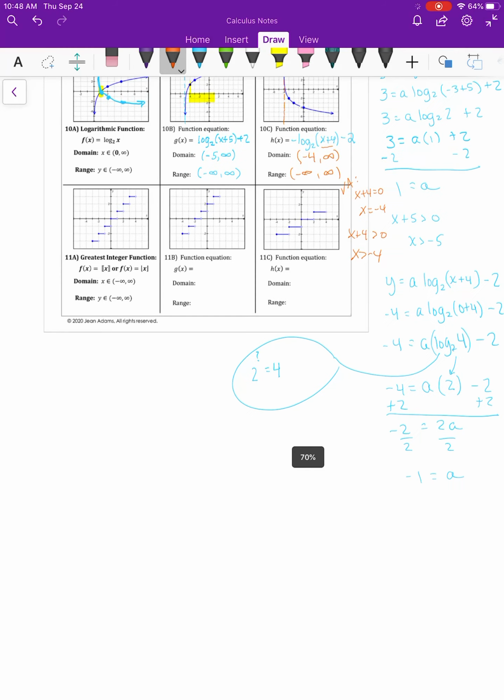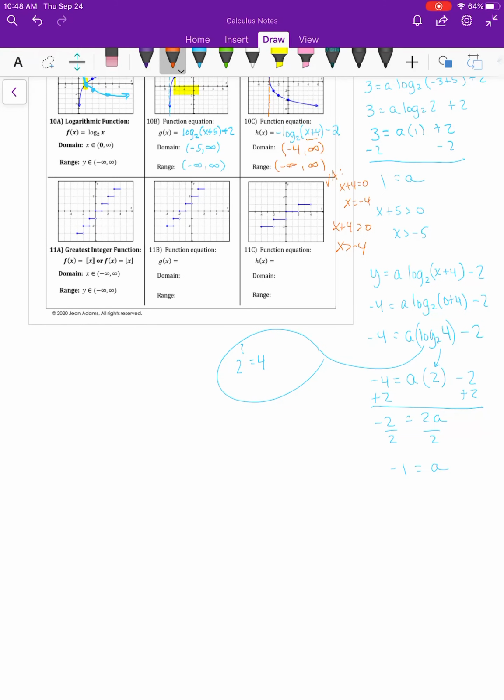Okay. So now that moves us to number 11b. This is our greatest integer function, and there's a couple of different ways to look at this, but I noticed right away, this would have been my original parent function, and it looks like it just got moved over 2 units to the left, so x minus a minus 2, and that's really it.